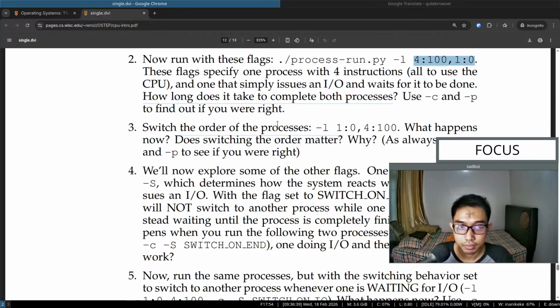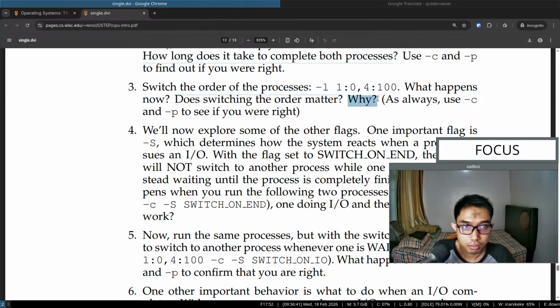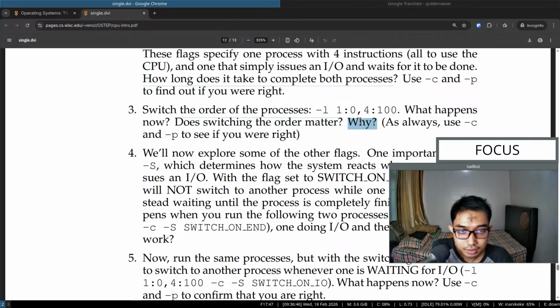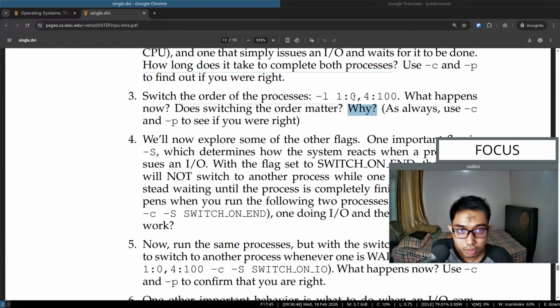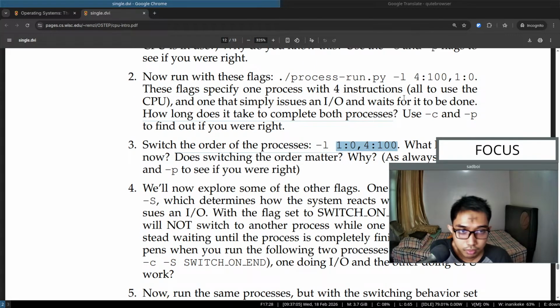Alright. Why? Okay. To explain that, while waiting for the input-output to finish, we can run another process, which means that the execution of the program can be shorter than this order, running the CPU first and then the input-output.